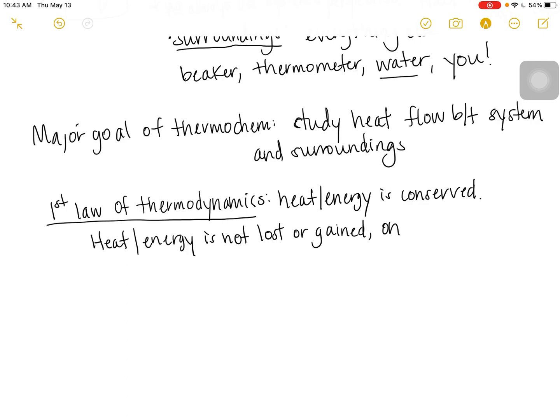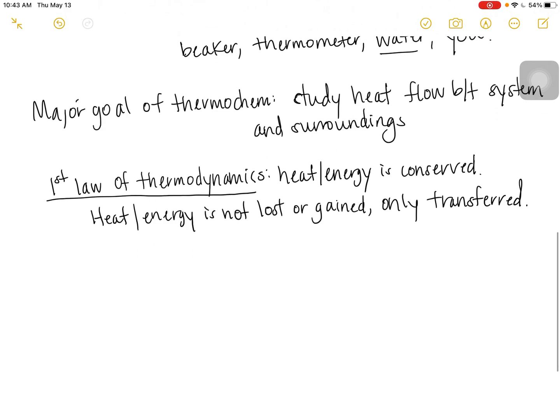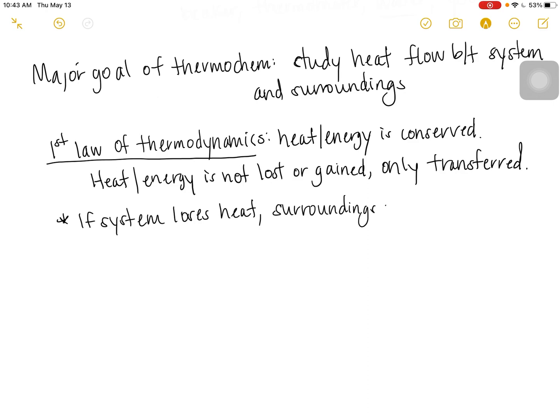It's only transferred between different species. So what does that mean? With our new terminology here, system and surroundings, what we can say is that if the system loses heat, then the surroundings must gain it.